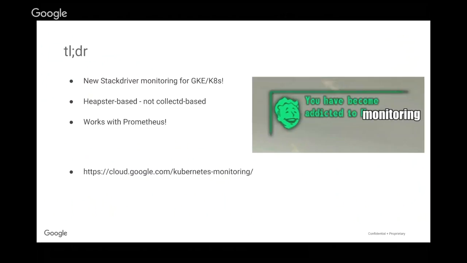So we're actually going to be collecting Heapster metrics, and I'll go through the architecture in just a second. And there's actually out-of-the-box Prometheus integration. So those of you that are running Prometheus for monitoring today, there are native Prometheus metrics that are being collected, and I'll show you what those look like as well and how to take advantage of them.